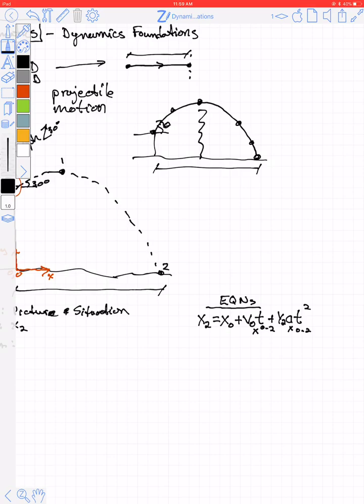We would have three other equations for the x direction. Vx2 equals Vx0 plus acceleration in the x times time from 0 to 2.